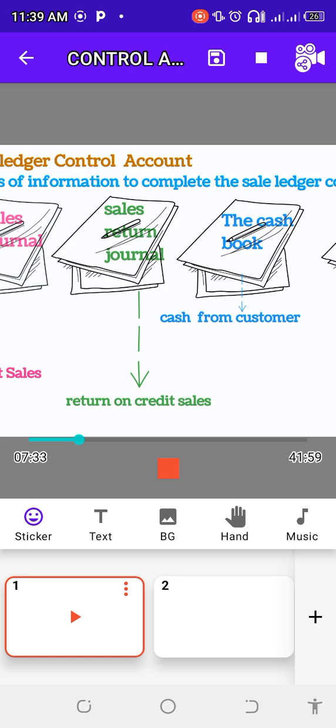We also get information about credit customers whom we have refunded some money as a result of overpayments or sales returns. We also get information about dishonoured cheques from them, and about the discount allowed to credit customers. These are the pieces of information we will get from the cash book.